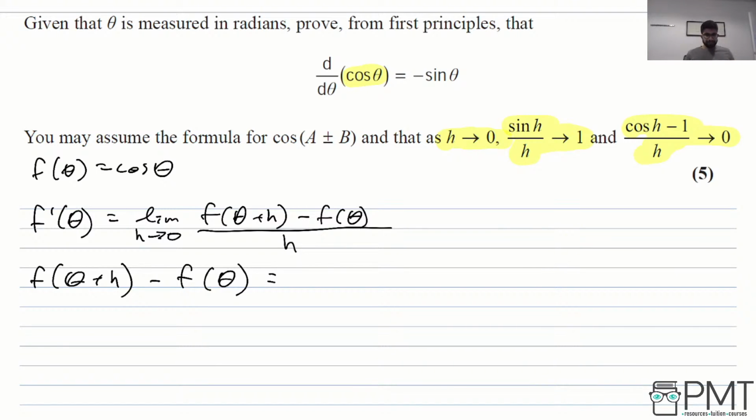Okay, we can see there is an addition formula here. So if I substitute theta plus h into cos, we have got cos of theta plus h.